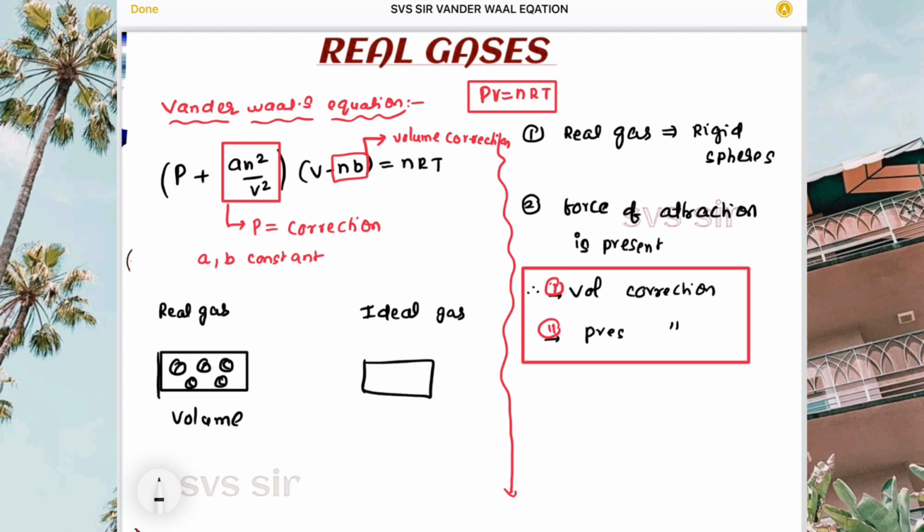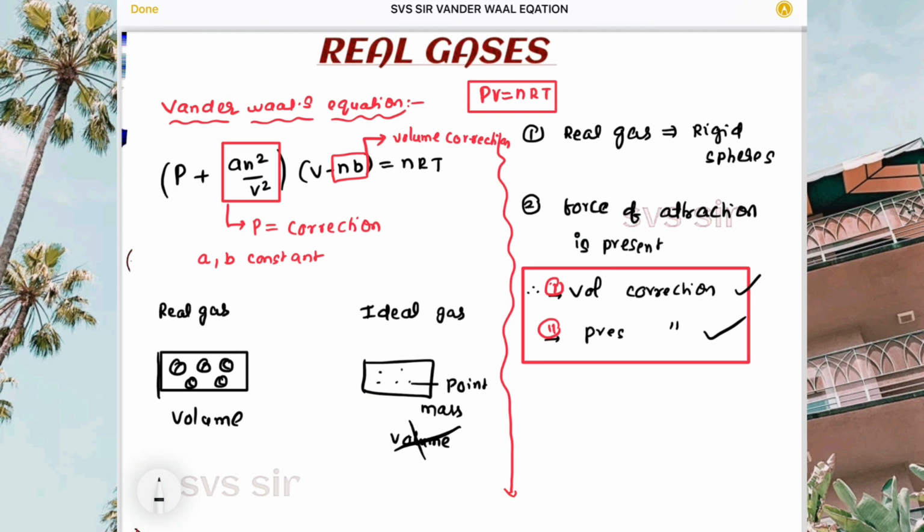In the case of ideal gas, they are point masses, so volume is neglected. Therefore, everybody listen here: in the van der Waals equation, we are going to see volume correction as well as pressure correction.